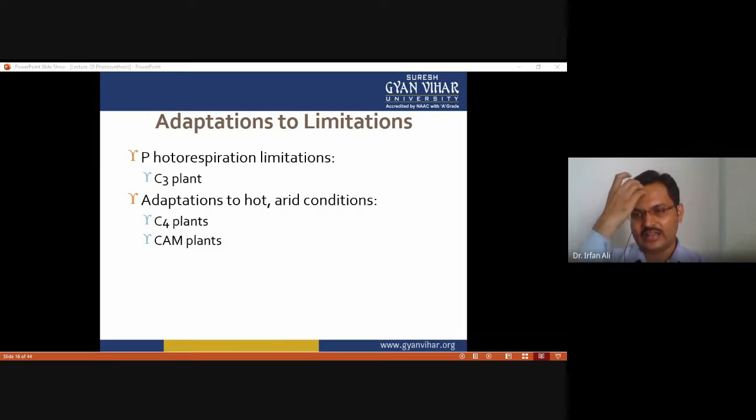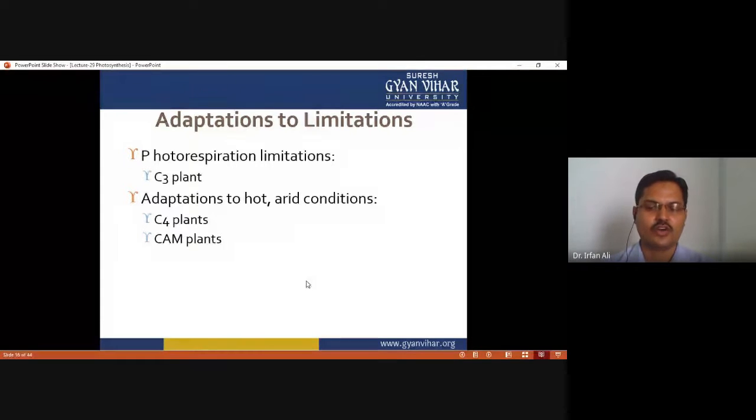Another problem is that there are hot and arid conditions, a dry climate. When the stomata are open during the daytime, along with the carbon dioxide taken in, water loss also takes place. So at that time, to prevent the water loss, the stomata do not open during the daytime. These are some adaptations which we have to discuss now. And what are these adaptations?